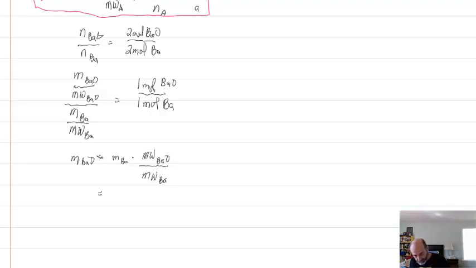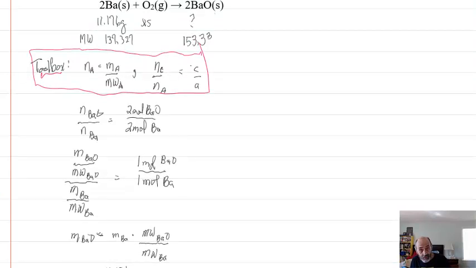So we now put in our quantities that are given. The only thing that's given, as far as reactant, is 11.176 grams of Ba, and the molecular weight of BaO goes on top, and we said up here that that's 153 grams of BaO per mole of that.